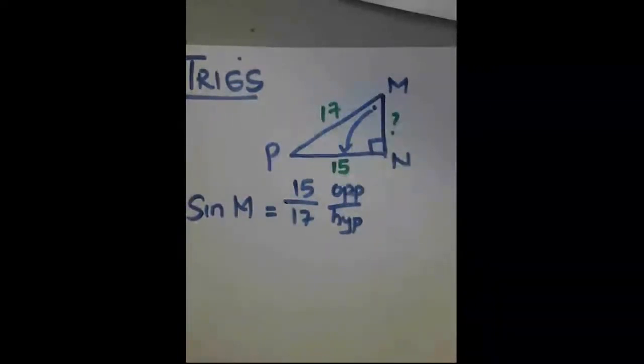But now they ask me to find tan of M. Can I find tan of M? Well, if I want tan of M, I obviously need to find MN. Okay, I need to find NM. So how do I find it? I find it by using my Pythagoras Theorem.